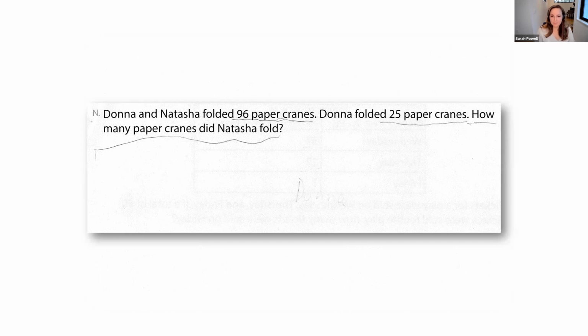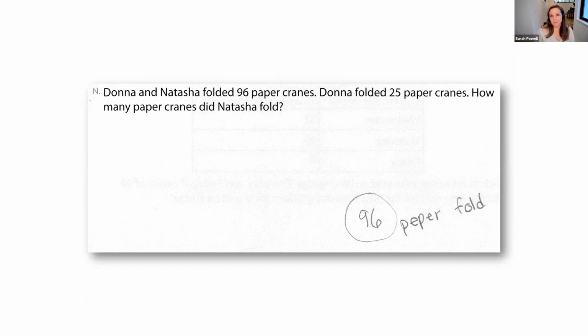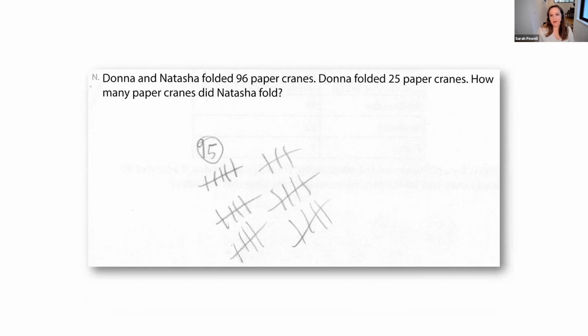They also rewrote one of the names from the problem and then erased it, but we did not see the student solve this problem. The student repeated information from the word problem. They started to say, oh, I know I probably need this 96, but then they didn't do anything beyond that.